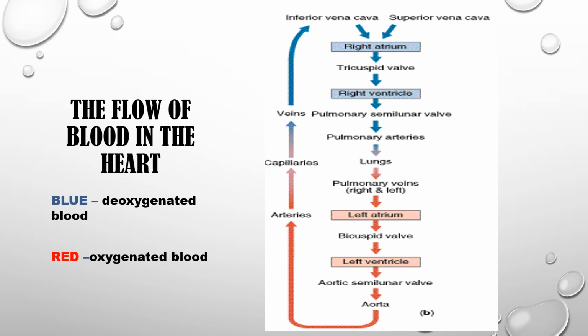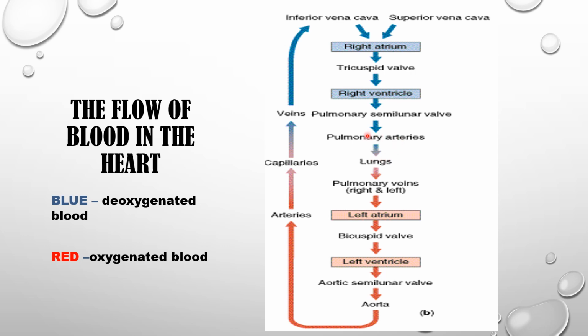So to summarize, from inferior and superior vena cava, the deoxygenated blood will move to the right atrium, tricuspid valve, right ventricle, pulmonary semilunar valve, pulmonary arteries, then to the lungs to get oxygen.